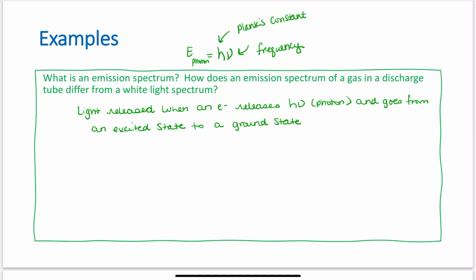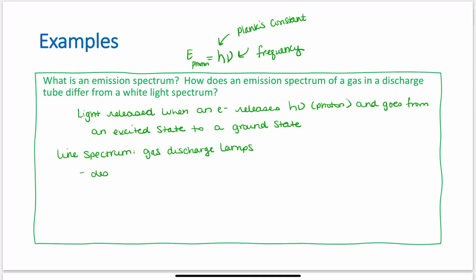The difference between a line spectrum and a white light spectrum, though, is that idea of a discrete spectrum versus a continuous spectrum. A line spectrum is what we observe with those gas discharge lamps. They're discrete lines of color that represent the photons of those specific wavelengths.